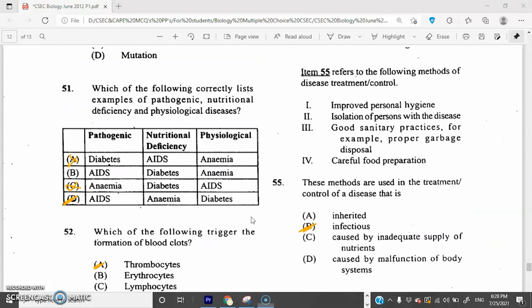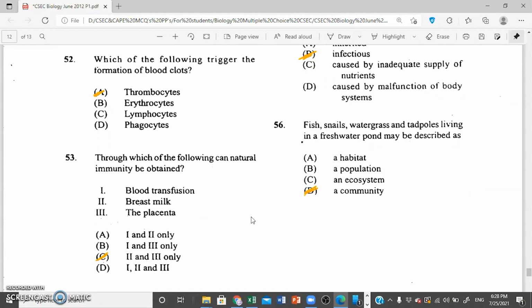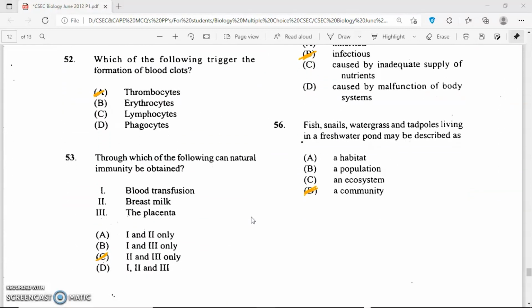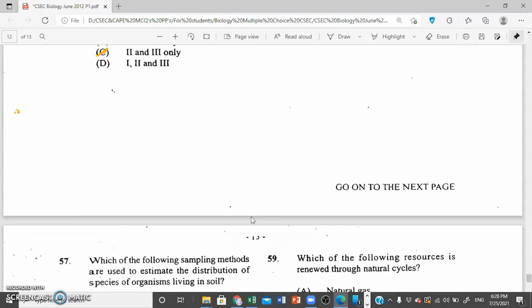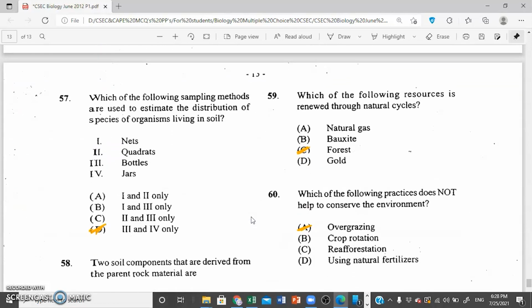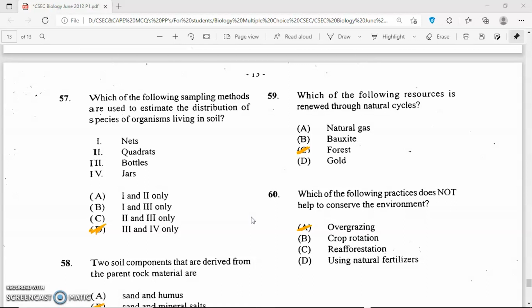Number 56, okay, fish, snails, watergrass, and tadpoles living in a freshwater pond may be described as a community, because all these are different species living in the same habitat. So that would be a community. All right. Number 57, which of the following sampling methods are used to estimate the distribution of species of organisms living in soil?